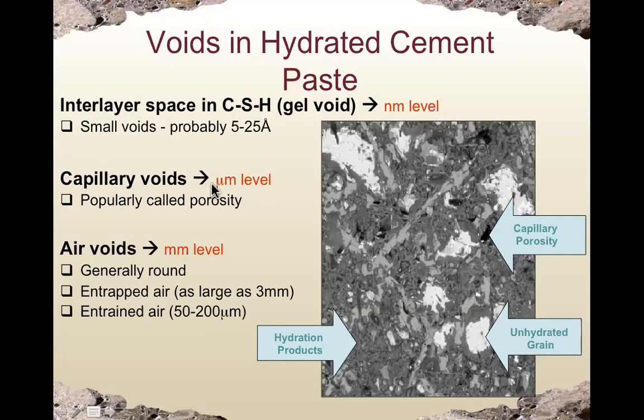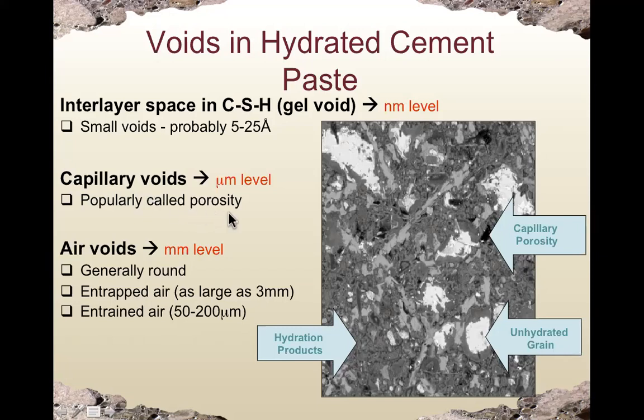Capillary voids are at micrometer level. Depending on the pore size, less than 50 nanometer or more than 50 nanometer, that will cause concrete to behave differently. But capillary voids have another name. It's called porosity.